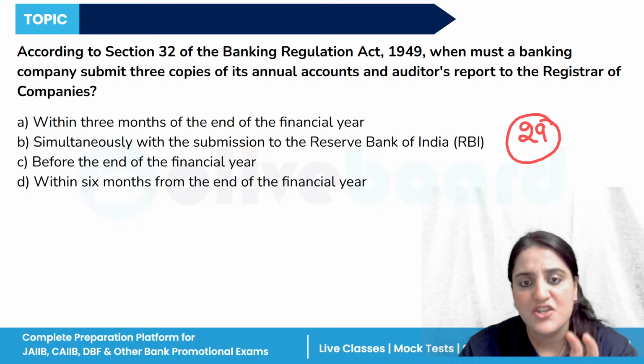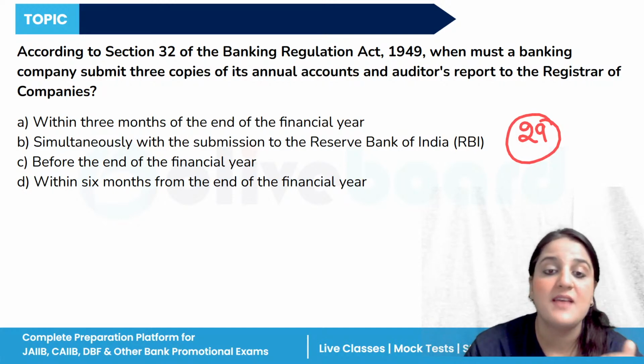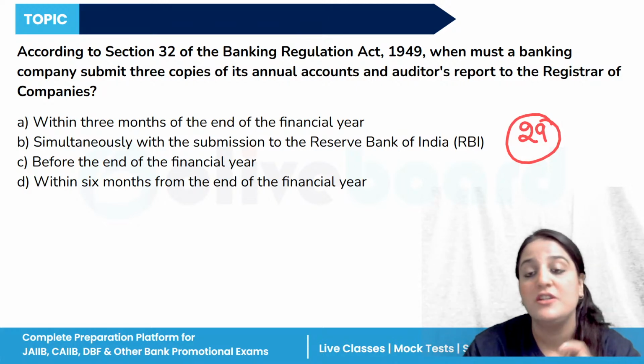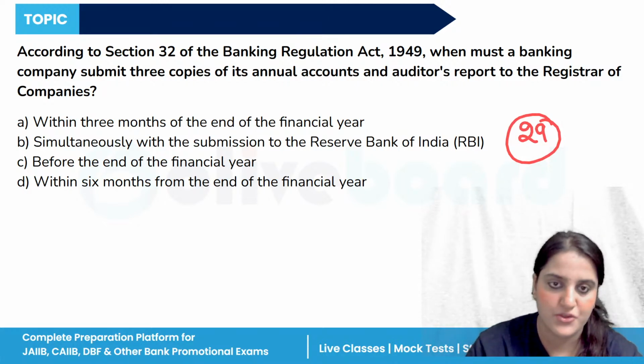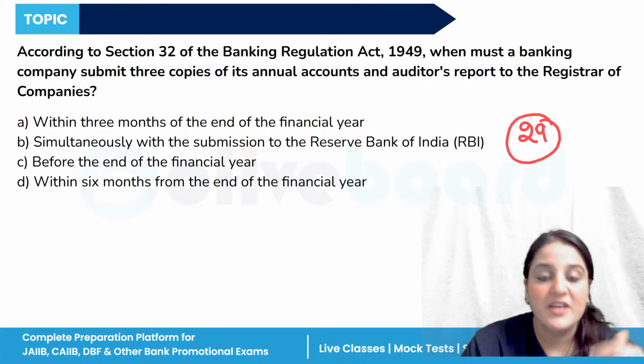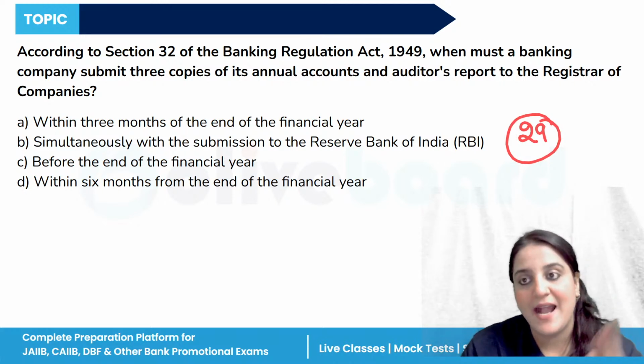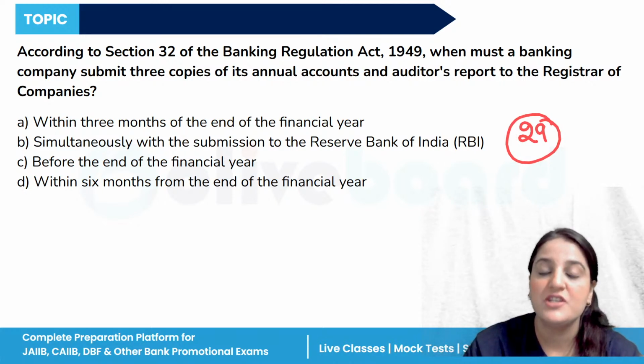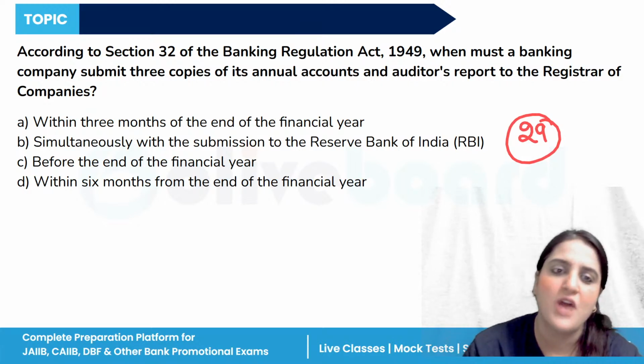Section 32 of the Act requires a banking company to furnish these 3 copies of its annual accounts and the auditor's report thereon to the registrar of the companies at the same time when it furnishes these documents to the RBI.